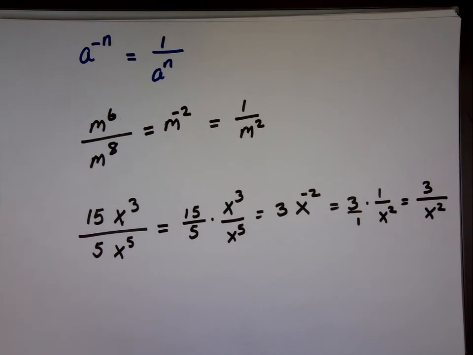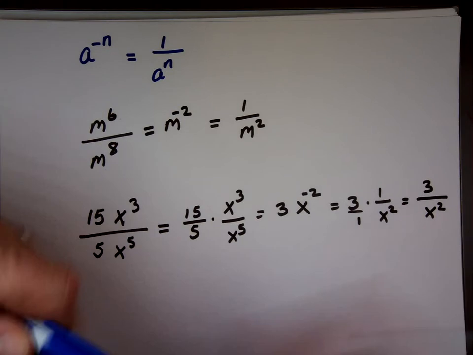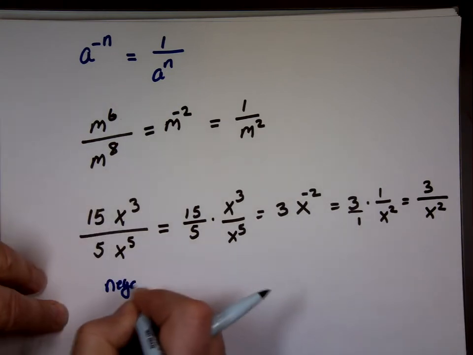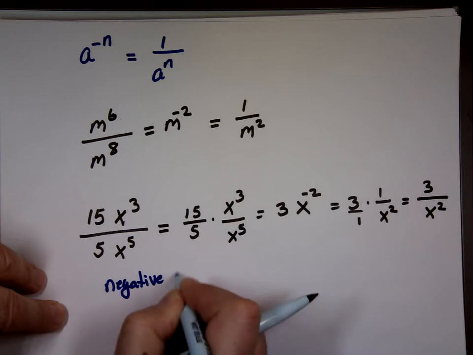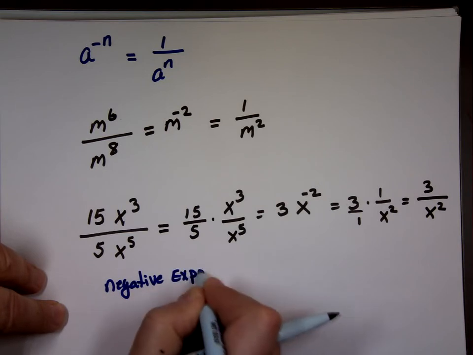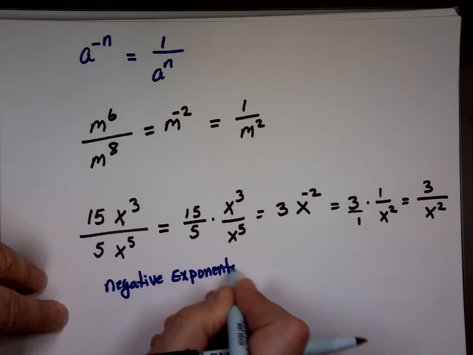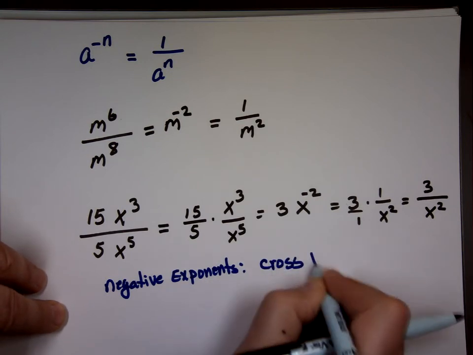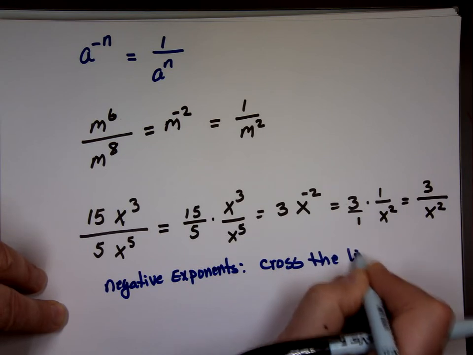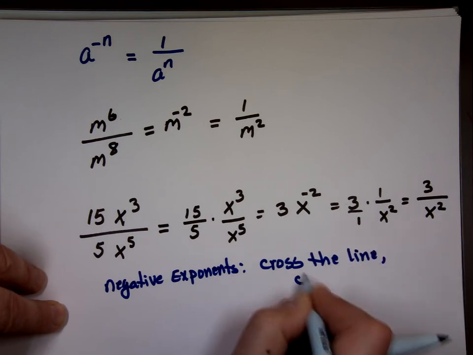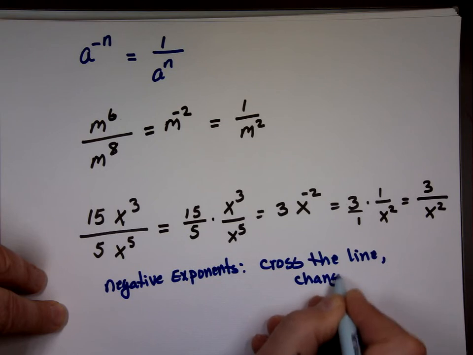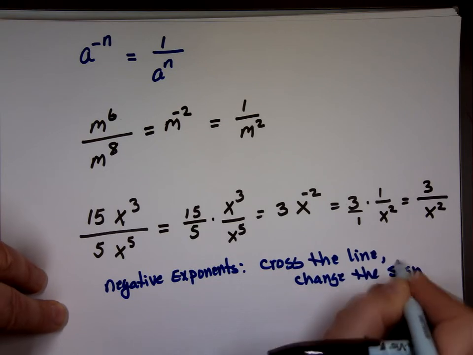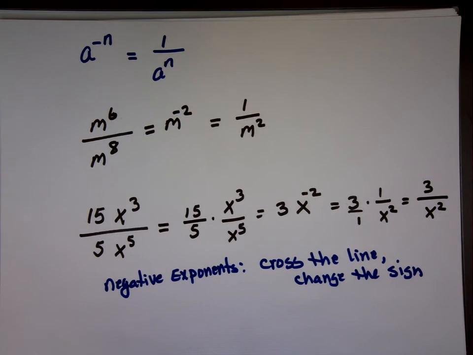To me, that's a lot of steps here. So when I have negative exponents, I use cross the line, change the sign. What does that mean?